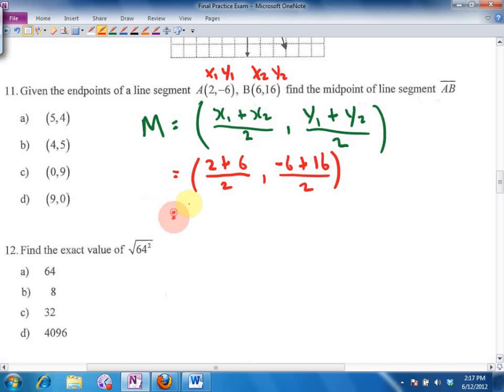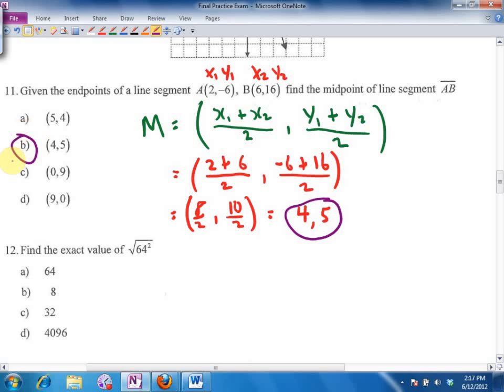And now we're going to add those together. 2 plus 6 is 8. And negative 6 plus 16 is positive 10. Which gives me a final answer of 4, 5. There's my answer. There it is right there, B.